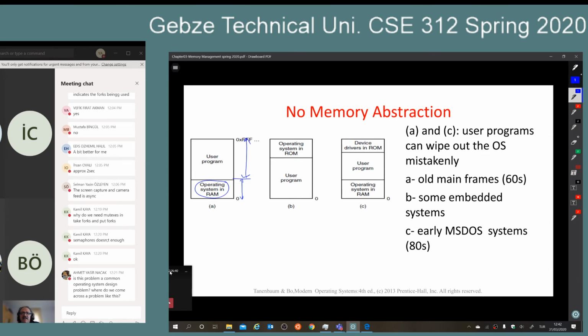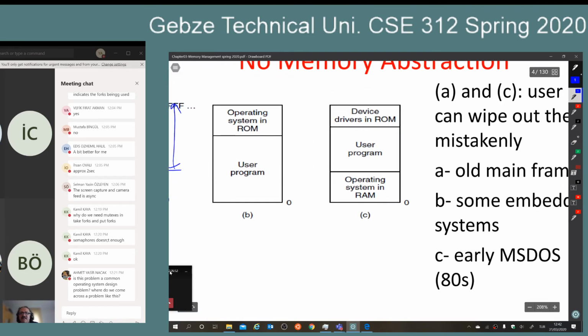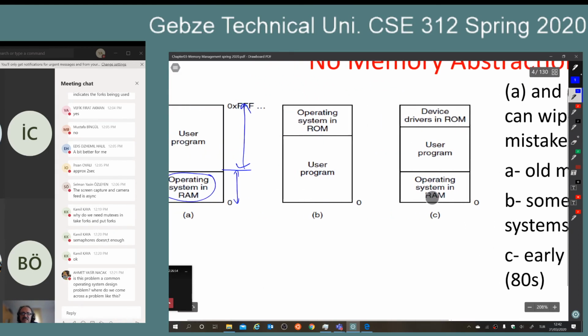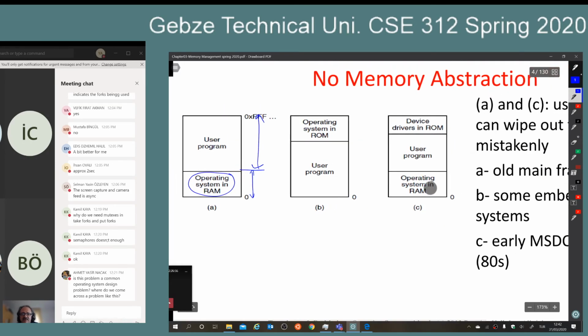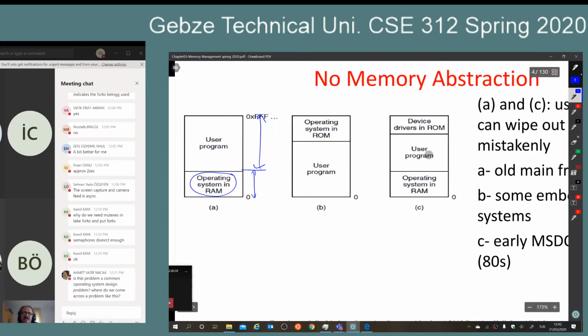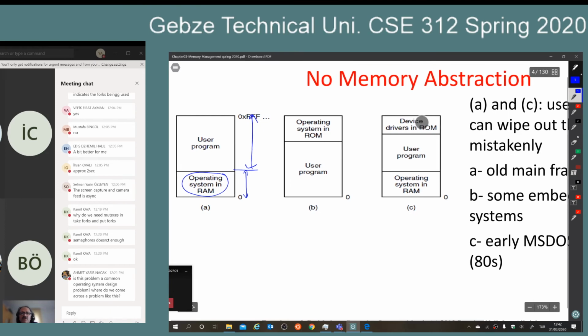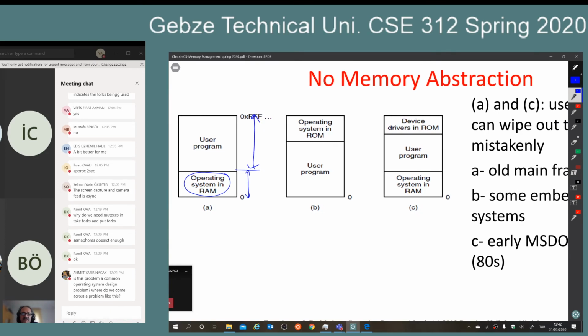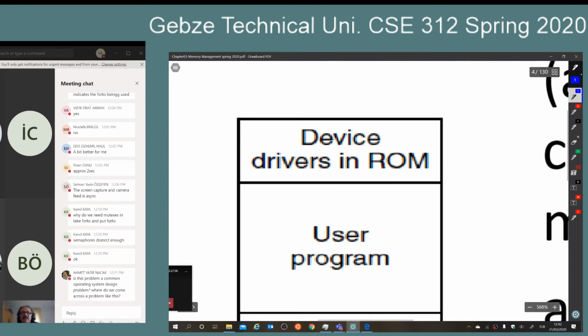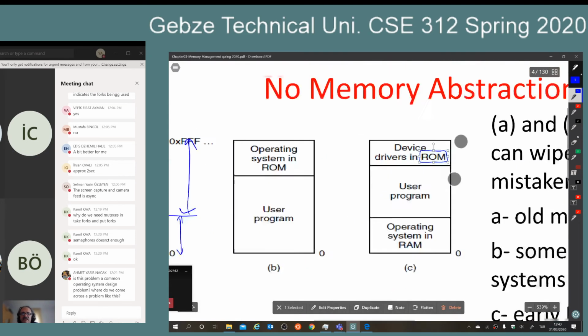In the 80s, of course the mainframes or the top powerful computers didn't have this problem, but the early personal computers had the same thing. They put the operating system again at the beginning of the memory. My user programs are there, but some part of the operating system, for example the device drivers, will be in read-only memory, so they cannot be wiped out, and they will stay at the top of the memory.